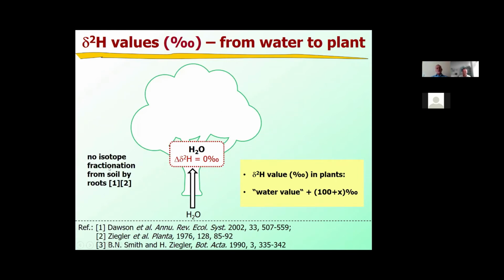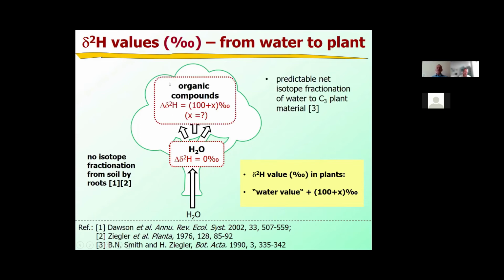There's no isotope fractionation from water which comes from soil into the roots. So by entering the water into, for example, a tree, there is no discrimination of hydrogen isotopes.